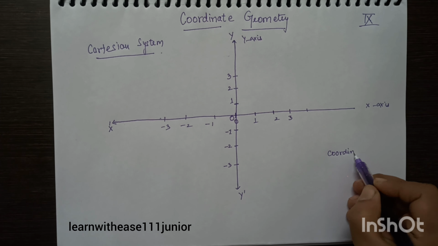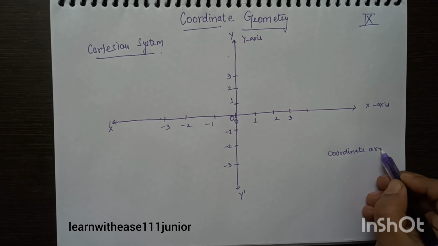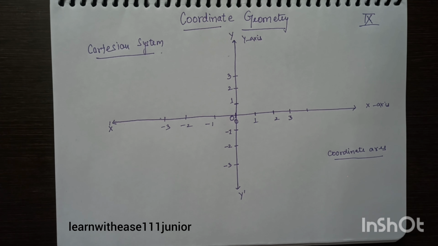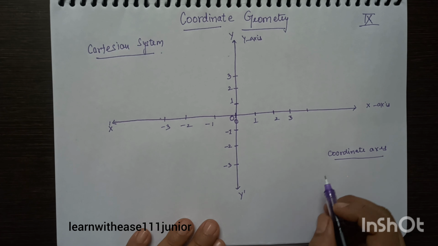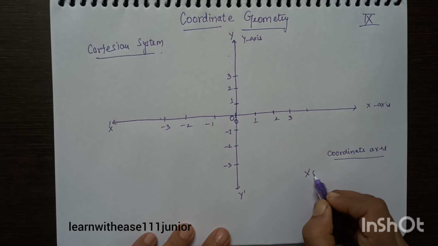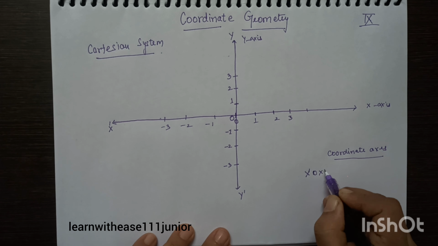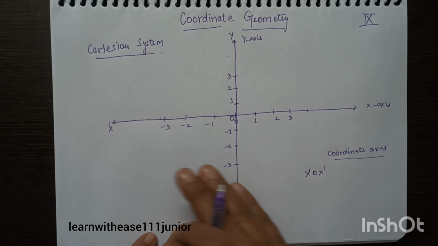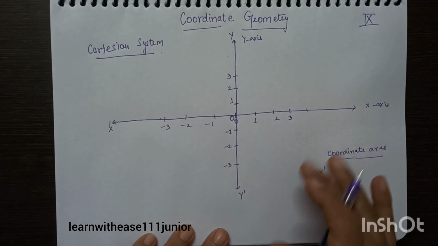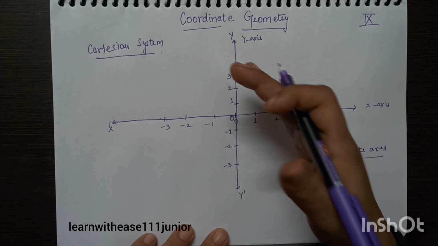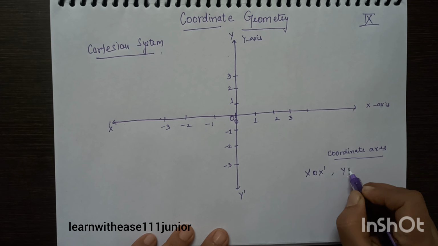Different names have been given to this system of two lines. These are perpendicular lines, x dash o x, and y dash o y, or y o y dash.